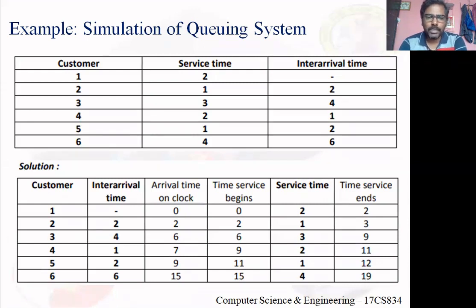When a new customer arrives, the number of customers increases by 1. The state changed, which means arrival of a customer is an event. We call it an arrival event.